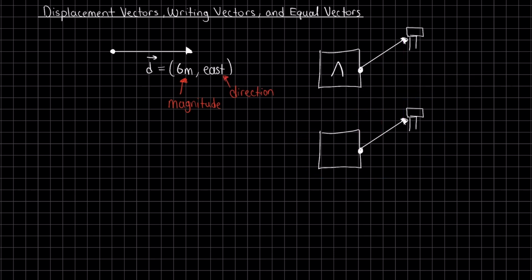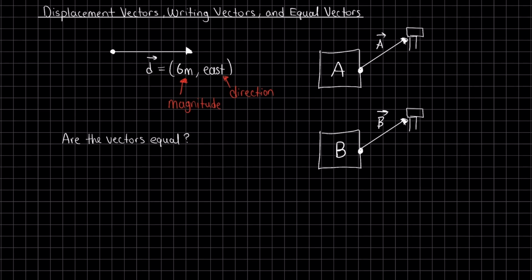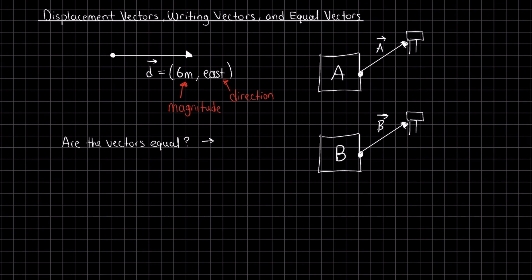This will be person A and person B. We are going to label them vector A and vector B. The question is, are these two vectors equal? The answer is yes. Even though they started at different places, their vectors are equal because they both move the same distance in the same direction. Vectors are equal if they have the same magnitude and direction, regardless of where they start.